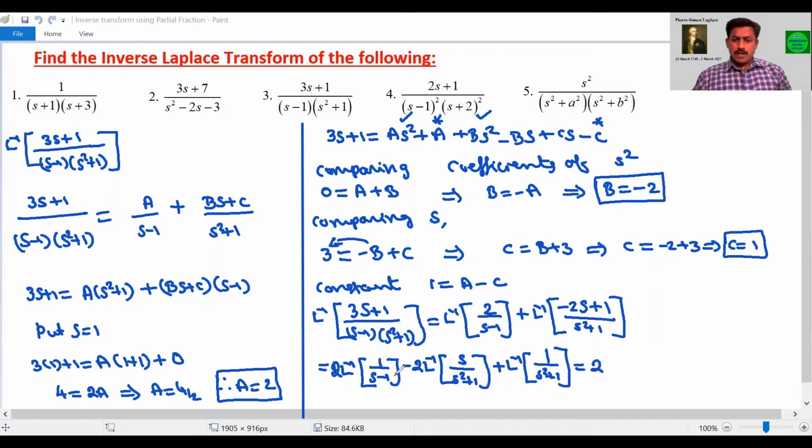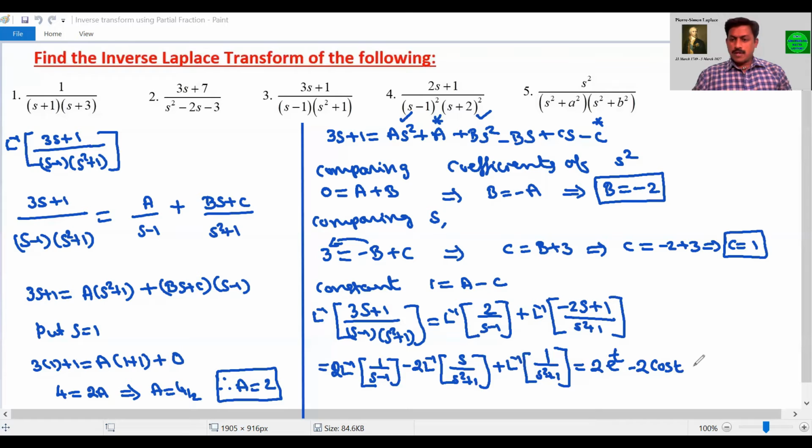We can write L inverse of 1 by s minus a is e power at. Here a value is 1, so e power t we will get. For the second term, minus 2 into L inverse of s by s square plus a square format, it is cos at. Here also a value is 1, we will get cos t.